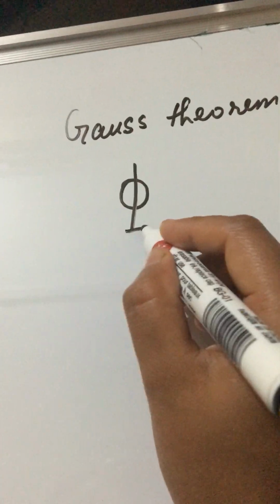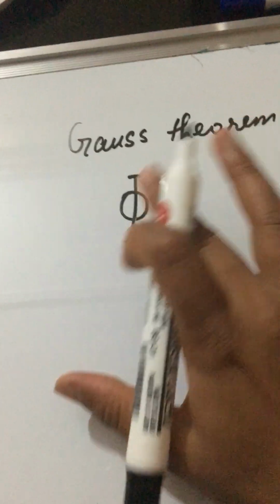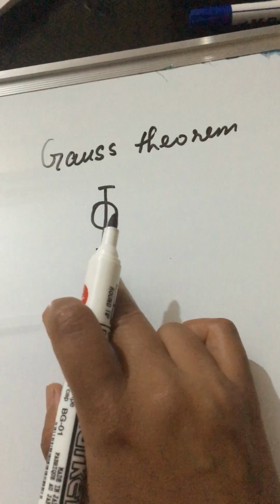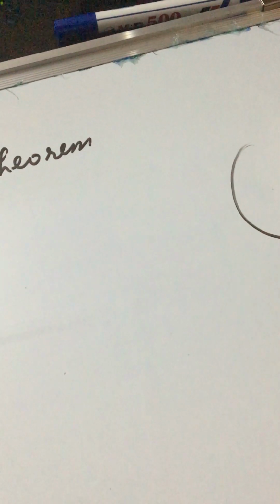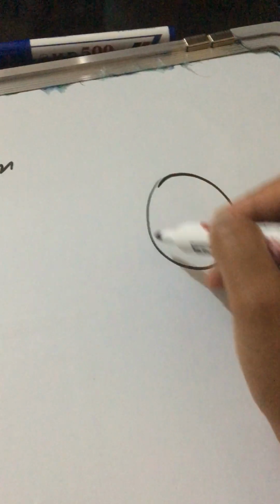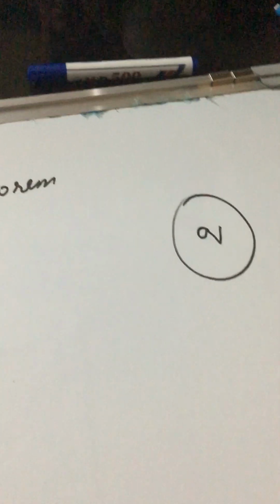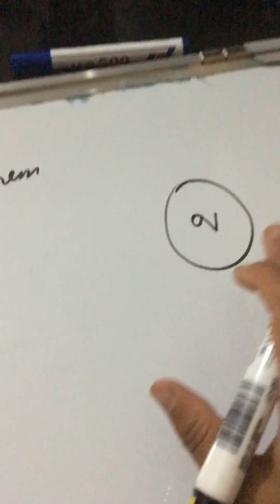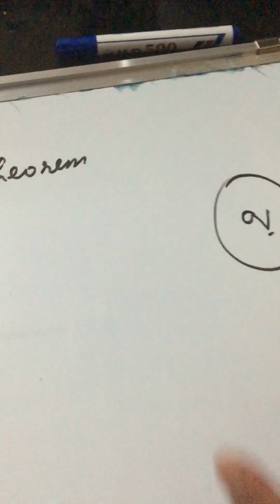Some texts write the flux for a closed surface this way, but it means the same; phi means the flux. Suppose this is a sphere, a closed surface, having a charge Q inside. Then this Q will create a field in its surroundings, right?